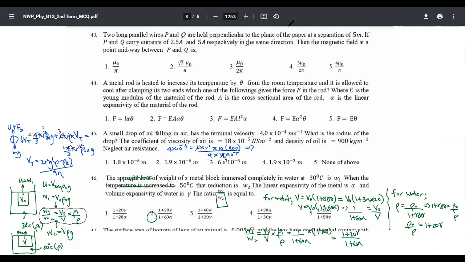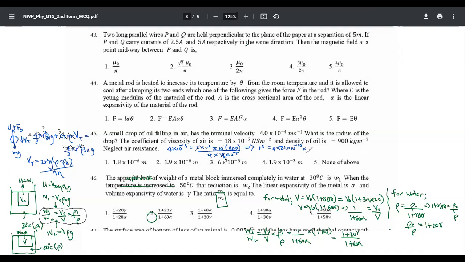Okay, then we'll make r the subject, r squared the subject. R squared is going to be equal to 9 into 9, 4, 10 to the power minus 5. Another 10 here, 10 to the power 6. So 10 to the power 6 goes to the other side, becomes 10 to the power minus 10.